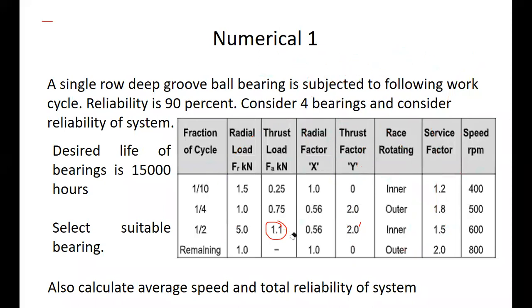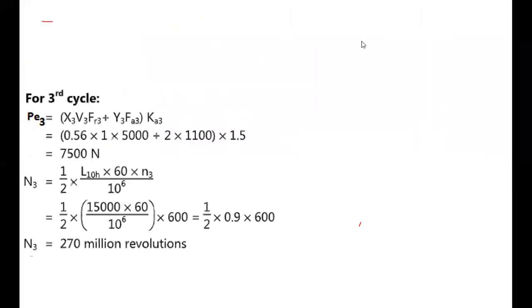So let us see if the same thing has been inserted into the formula or not. Yes, you can see here 0.56, 1, 5000 plus 2 into 1100 into 1.5. Answer is 7500.